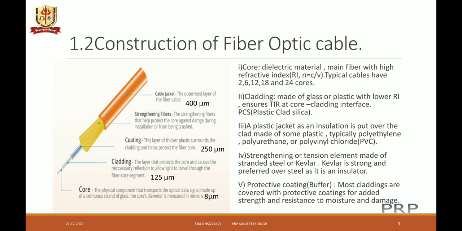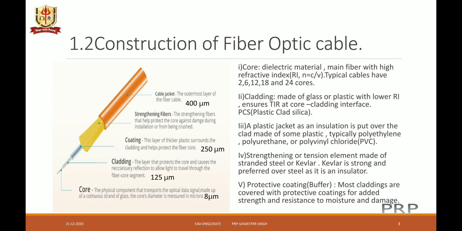Since glass is a dielectric material and is an insulator, the main fiber has a high refractive index. Here the refractive index is the measure of the bending of a light ray when passing from one medium to another.